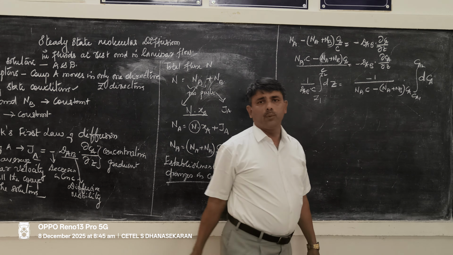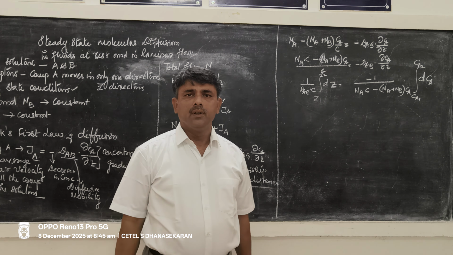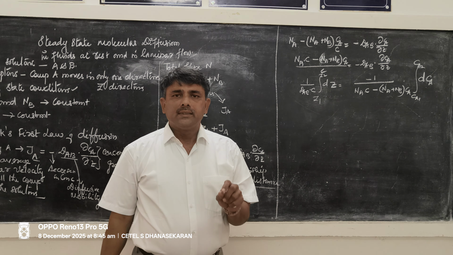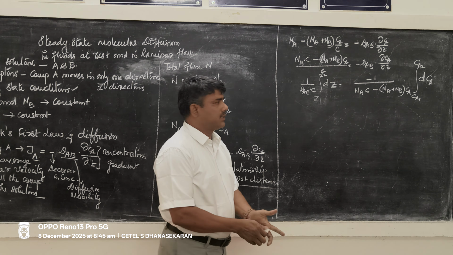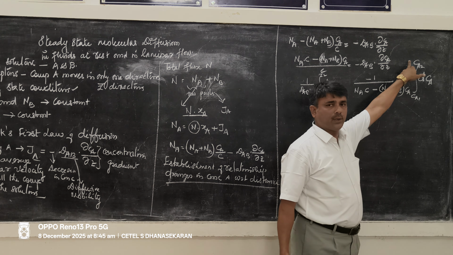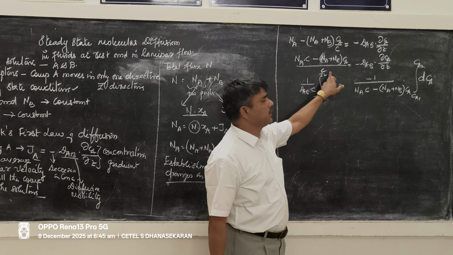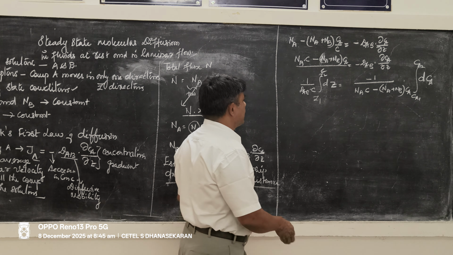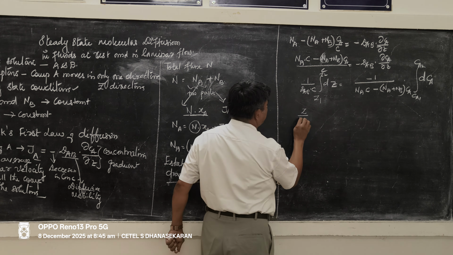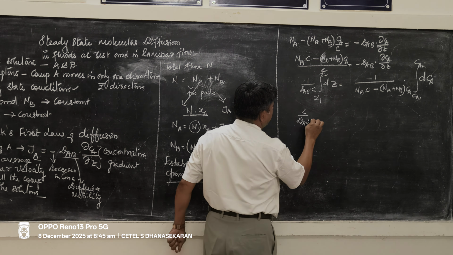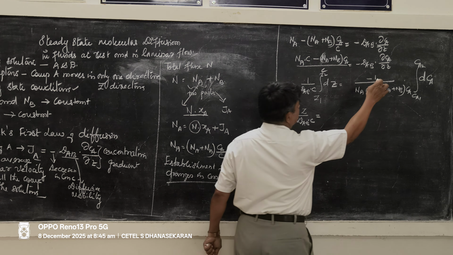That means I am going to establish the relationship for changes in concentration with respect to distance, from the concentration range Ca1 to Ca2, similarly Z1 to Z2. On integration, this equation becomes Z divided by DAB into C is equal to, see this equation.